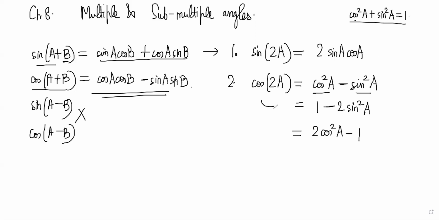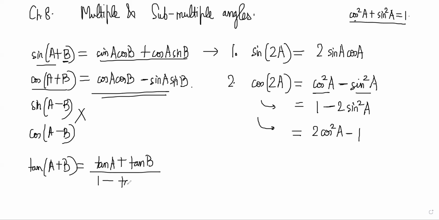So these are the three versions of the same formula, cos 2a, right? Yes. Now you also have a tan a plus b formula that we had seen earlier. It was tan a plus tan b by 1 minus tan a tan b, right? Yes. So again we will put a equal to b in that, and we should get tan 2a also.